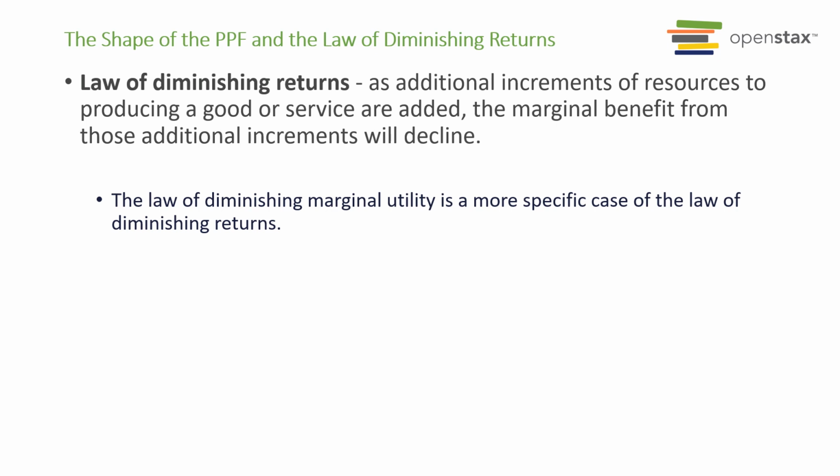That's because sometimes we have specialty resources, good at one thing but not good at other things. So the more resources you put into it, the lower the production you get out of it. That's called the law of diminishing returns.